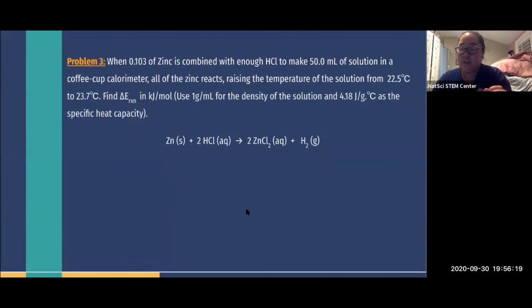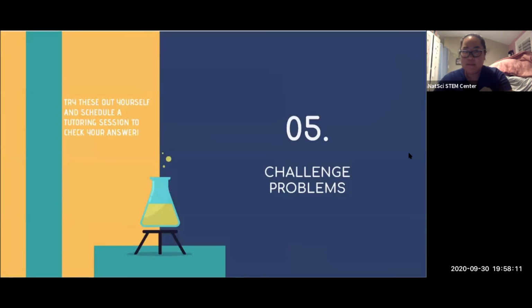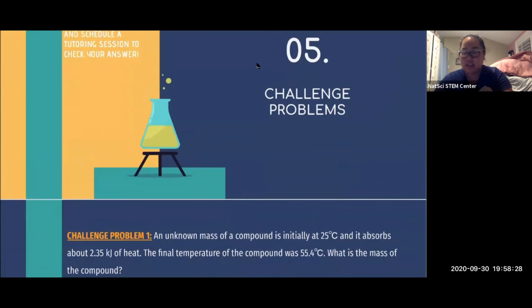How about you guys take a screenshot of this? I'm going to move on. Challenge problems, I put them up here. I strongly recommend you try them yourself, work them out, and schedule a tutoring session to check your answers. The chemistry tutors will be provided with the key. Again, this is extra.